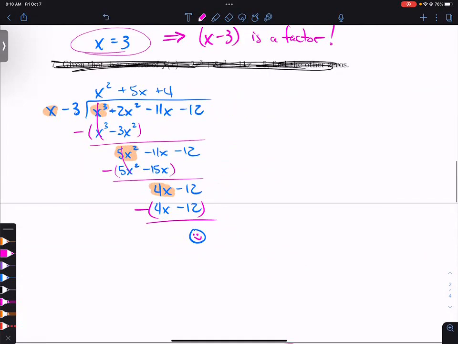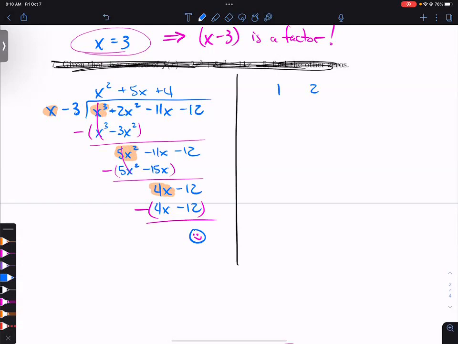Let's run through that one more time with synthetic division. Synthetic, again, you just take the coefficients and list them in order. So 1, 2, -11, and -12. And then the 0 that we were given was 3, so I'm going to put that right there.